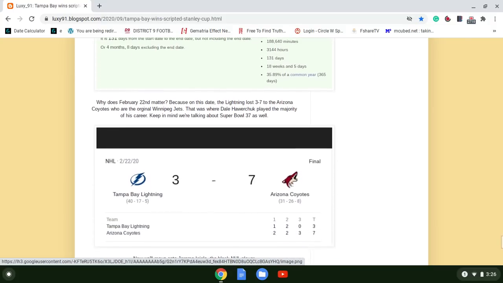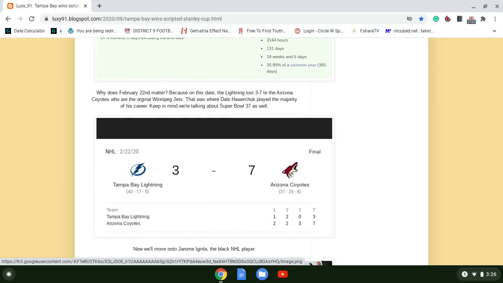The reason that February 22nd matters is because on this date, the Tampa Bay Lightning lost 3-7 to the Arizona Coyotes. Remember, Dale Hawerchuk was drafted by and played the majority of his career with the original Winnipeg Jets, who are now the Arizona Coyotes.